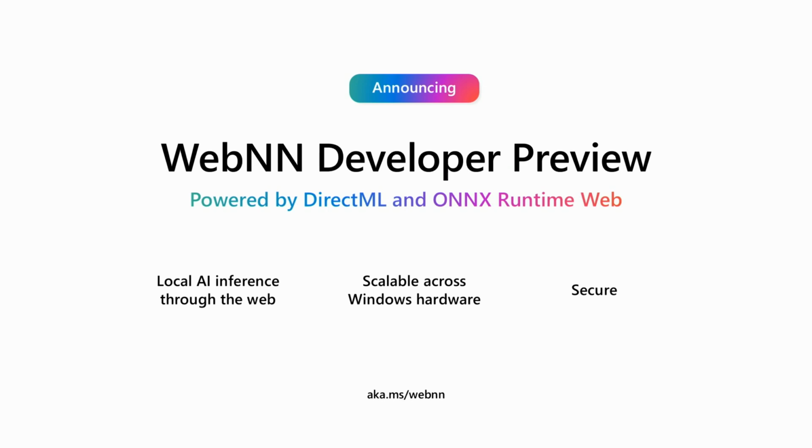It also means that web applications can run across different platforms and browsers, as well as protect the user's privacy and security by avoiding data transfer to external servers or cloud services. WebNN can enable a variety of use cases, such as generative AI, object recognition, natural language processing, and more.